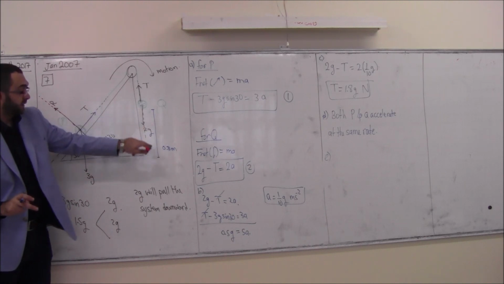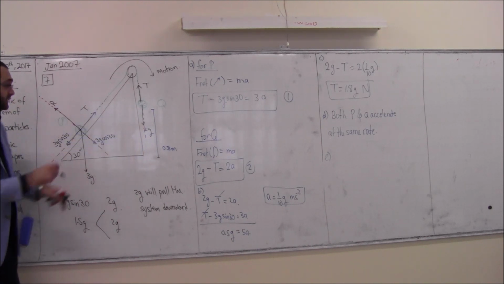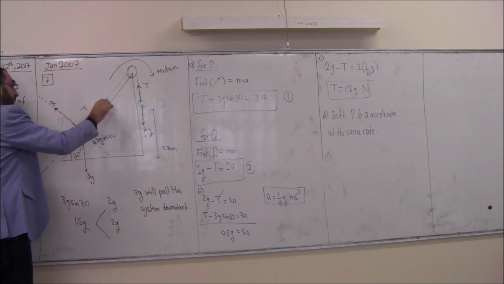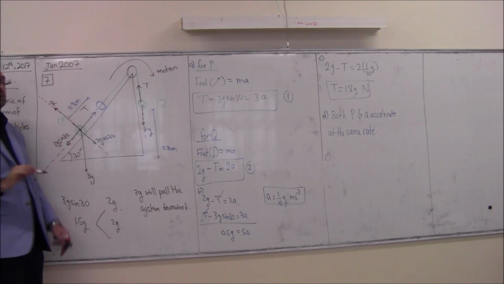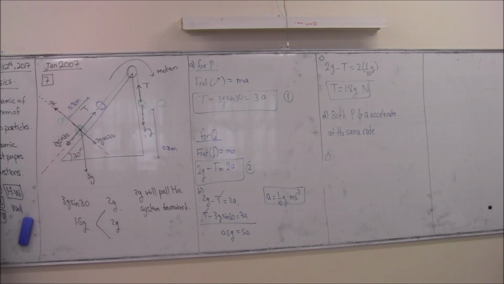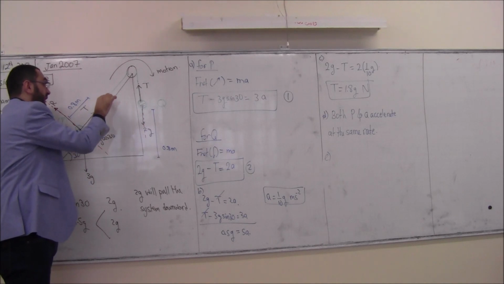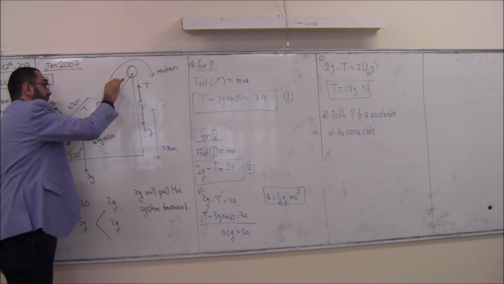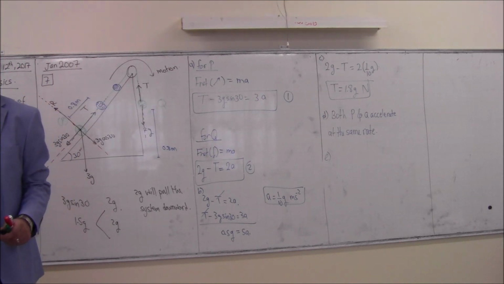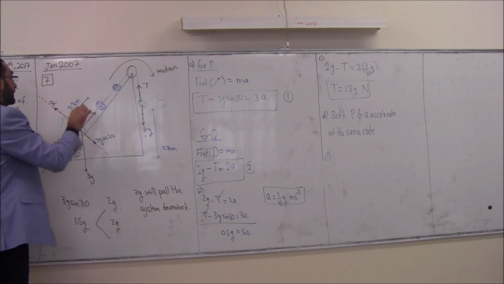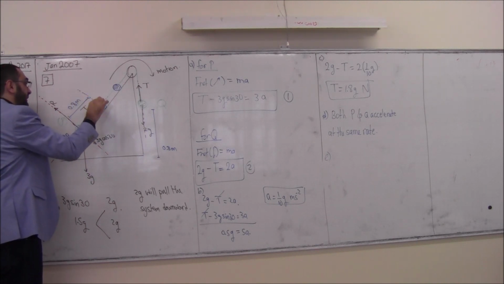So if this descends 0.8, this will move 0.8. Clear? The subsequent motion of this, it will continue moving up the plane until it comes to instantaneous rest at maximum height. So here we will talk about two stages.